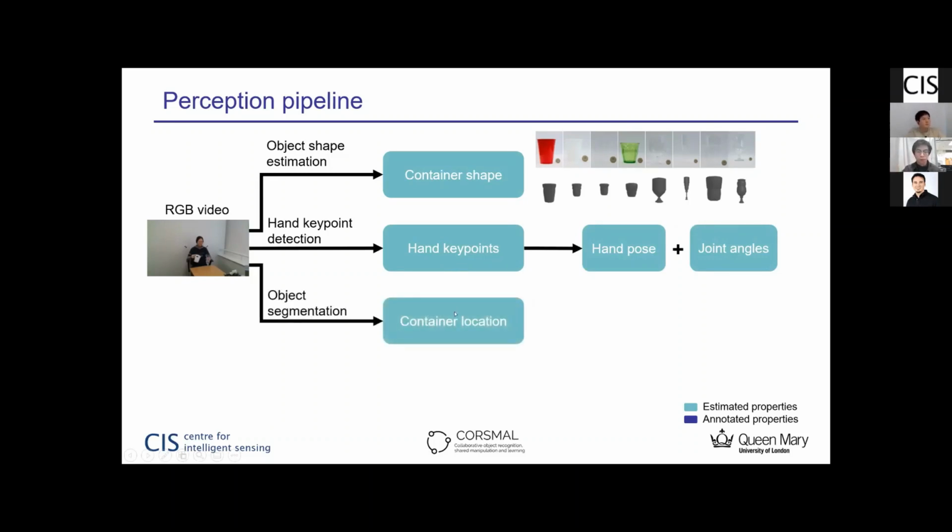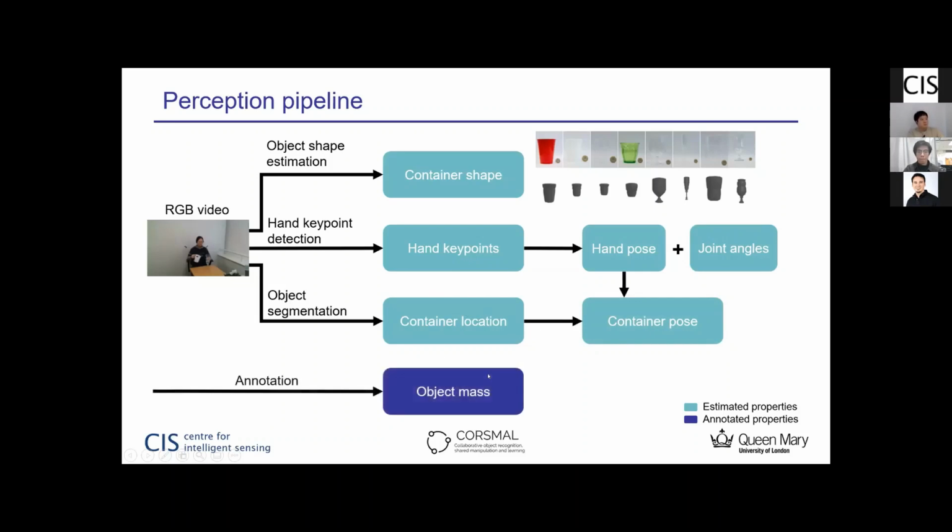And we perform object segmentation, and we obtain the centroid location as the container location in each frame. And we use the pose of the hand that is holding the container and apply that as the container pose in the simulation. As annotation, we also obtain the object mass using an electronic scale.